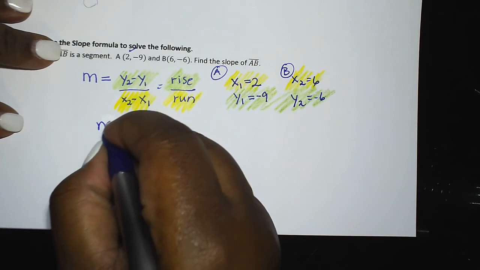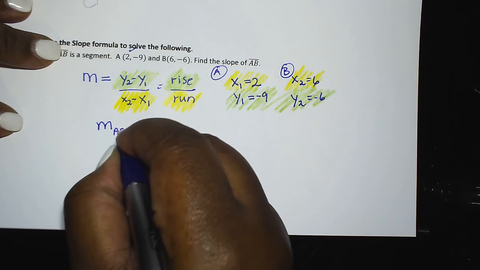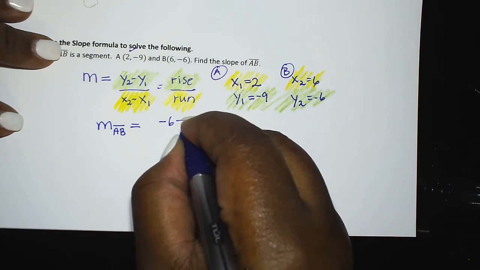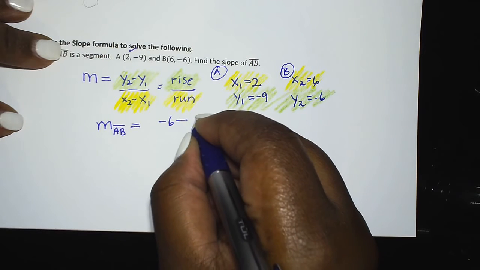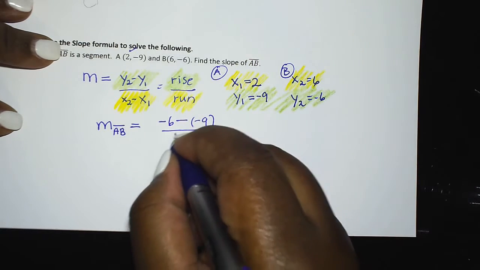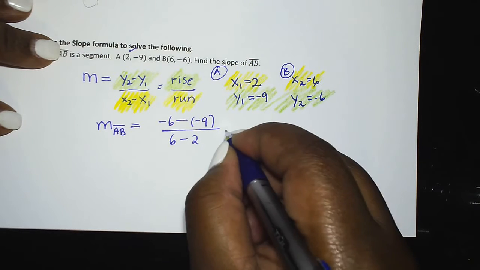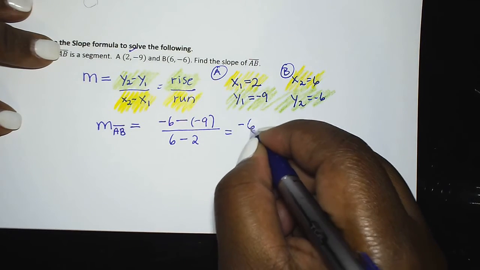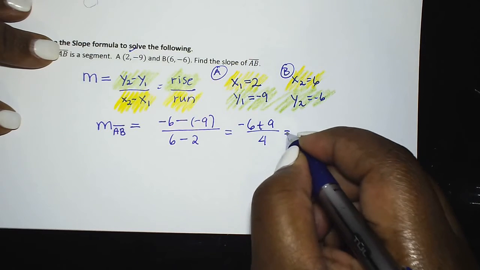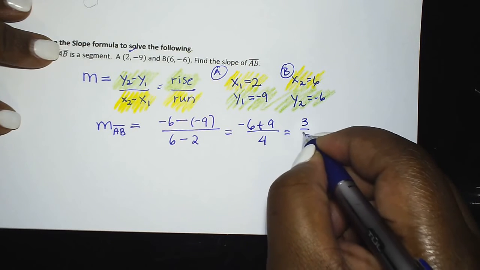So here we go. The slope of line AB is equal to a negative 6 minus a negative 9 divided by 6 minus 2. So the top is a negative 6 plus 9 over 6 minus 2, which is 4. This is 3, so it'll be 3 over 4.